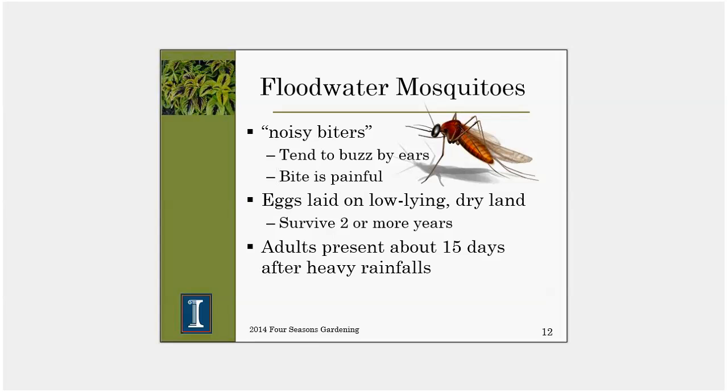Generally, under proper, normal temperature conditions, you're going to get adults in about 15 days after heavy rainfall. When we're bothered by these, they are what are called noisy biters. They will buzz by our ears, so we know they're around, and when they bite us, we can feel the bite. And so they are something that we do notice, and they really increase anxiety in us.